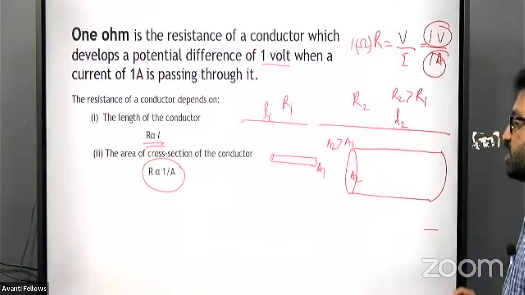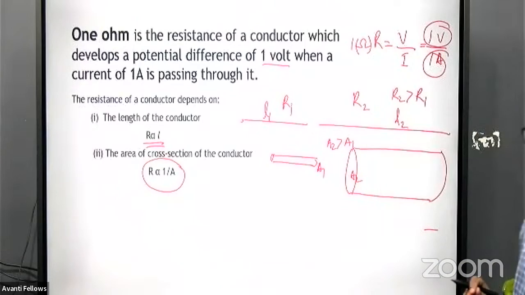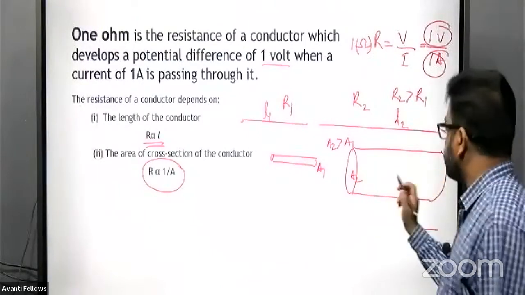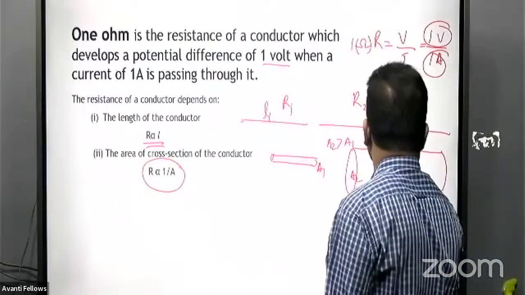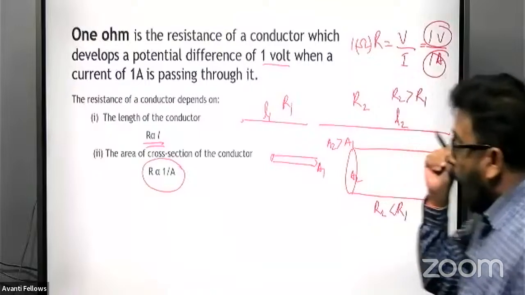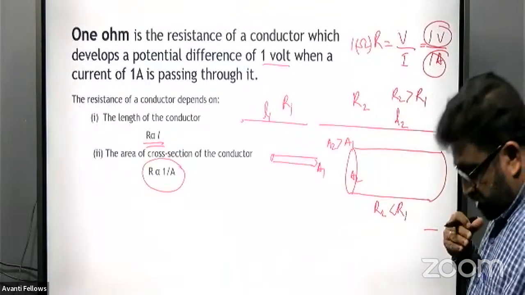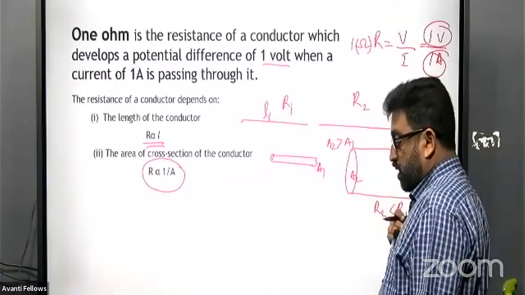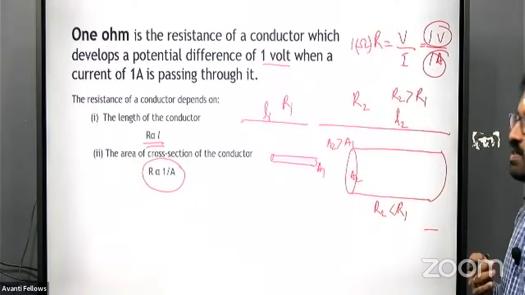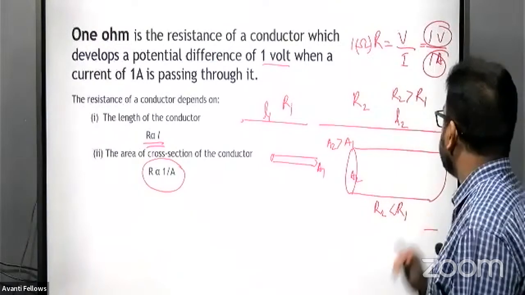Since R is inversely proportional to A, which one will have lesser resistance? Of course, this one, so R2 will be lesser than R1. As the radius increases, resistance decreases.